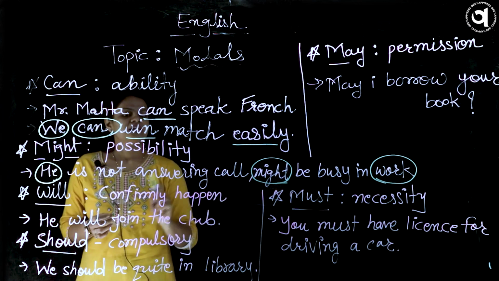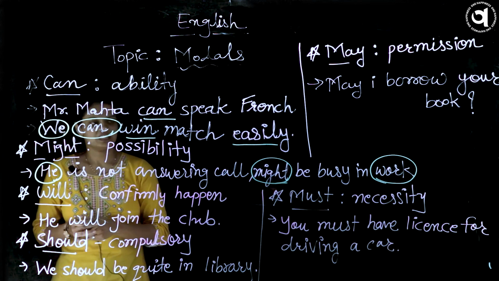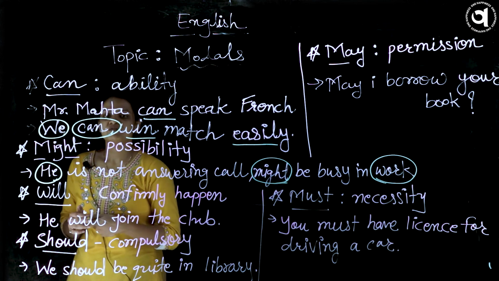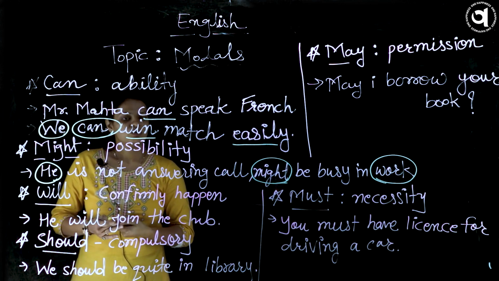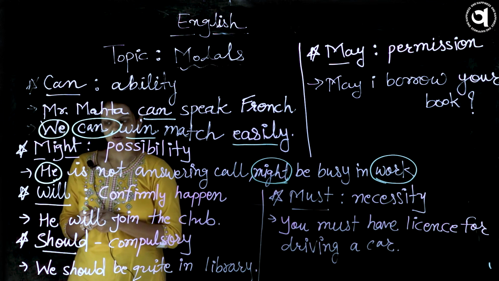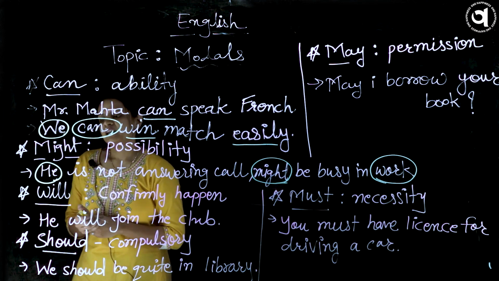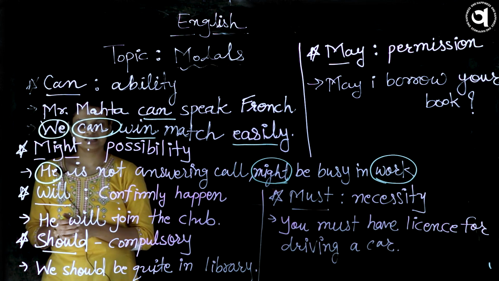With might we can express the possibility of the subject. Whenever I want to say something that we do not know for certain, but we want to predict, or show the possibility of that verb with the subject, then I will use might in my sentence.